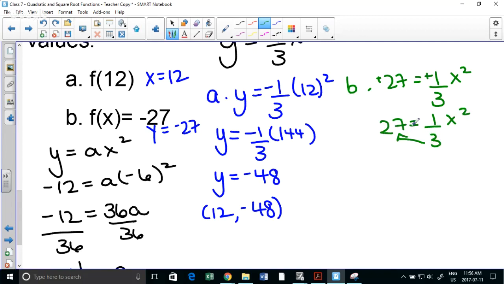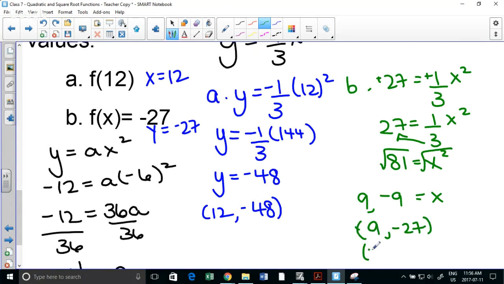If I bring this up, multiply, it gives me 81. I square root to get rid of the 2. But in this case, what is the square root of 81? Well, it's 9 or negative 9. So we actually have two different points. I have 9 and negative 27, and I have negative 9 and negative 27.